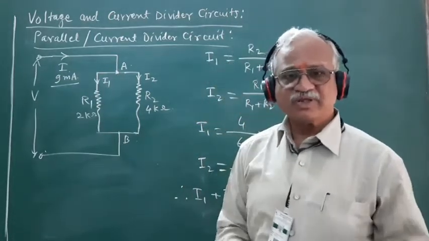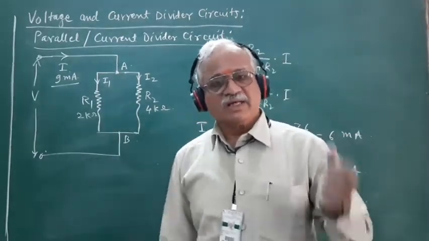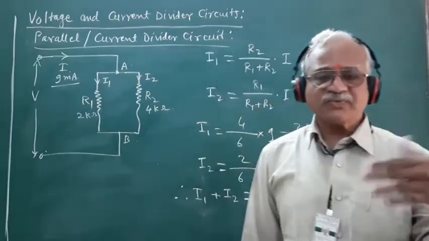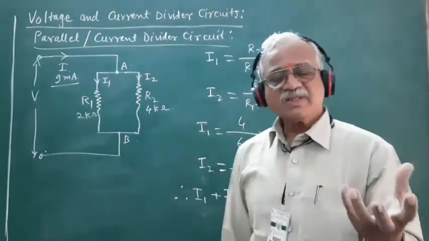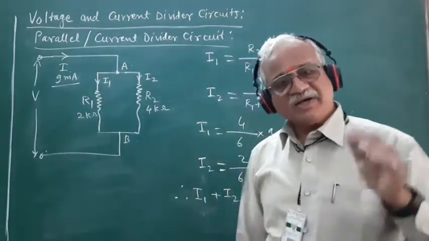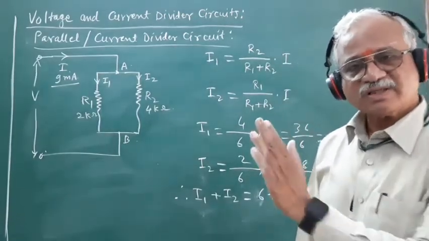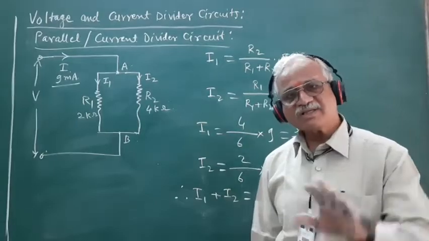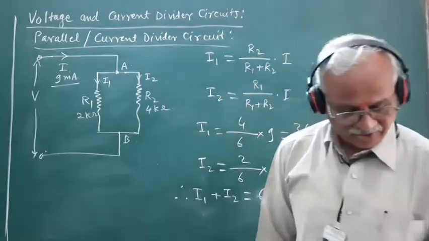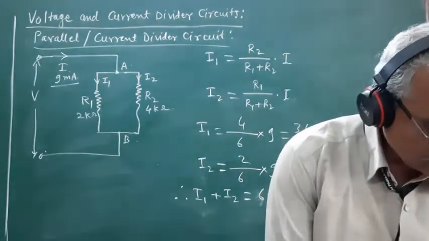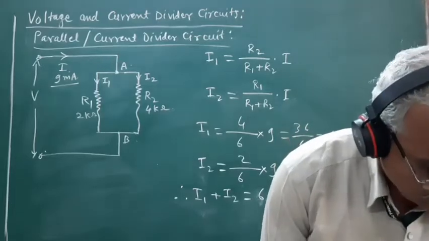And in case of a series circuit, we have seen that the sum of the voltages across the different resistors connected in series is equal to the applied voltage. So that is about the current divider circuit.